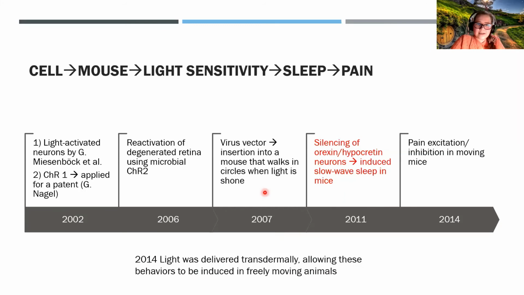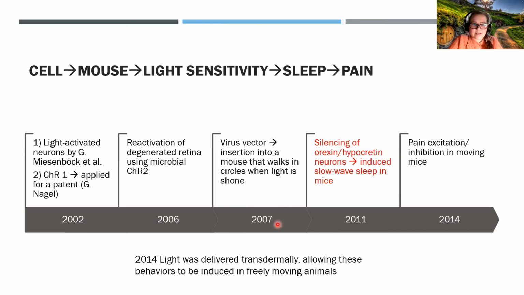Now, quickly, just how optogenetics looked in time. Gero Miesenböck and Bach activated neurons by light in 2002. So this optogenetics field is very, very recent, actually. The retina was reactivated in 2006 using optogenetics.